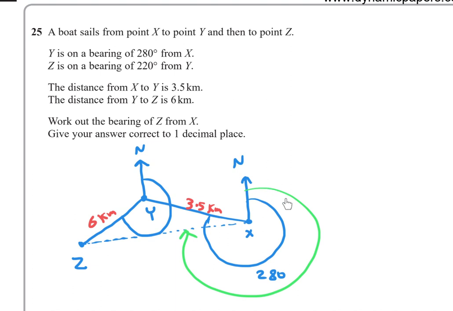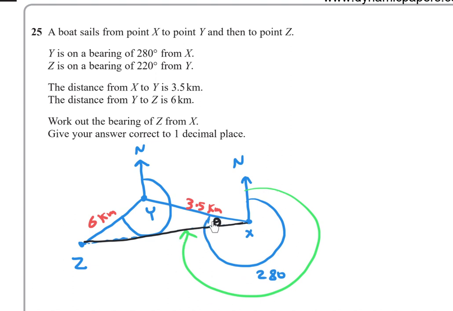We can find this bearing if we find the small angle theta. If we can find angle theta, we subtract theta from 280 to find this bearing.